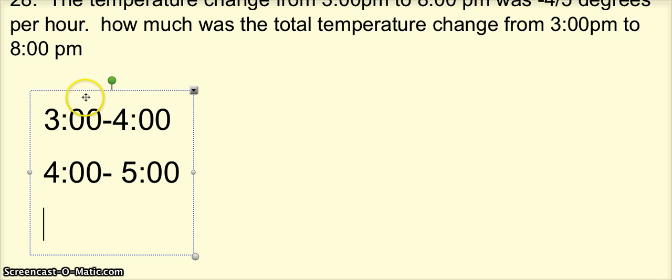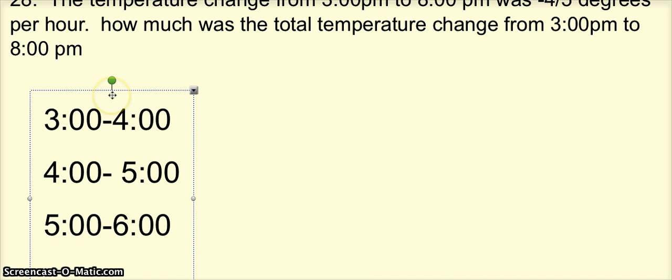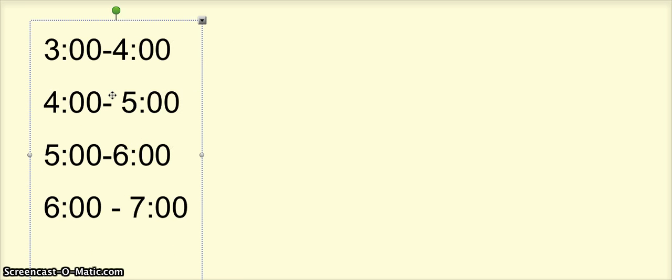Between 5 and 6, that's another hour. Between 6 and 7 o'clock, that's another hour. And finally, between 7 and 8 is another hour. So that's 1, 2, 3, 4, 5 hours that the temperature changed.